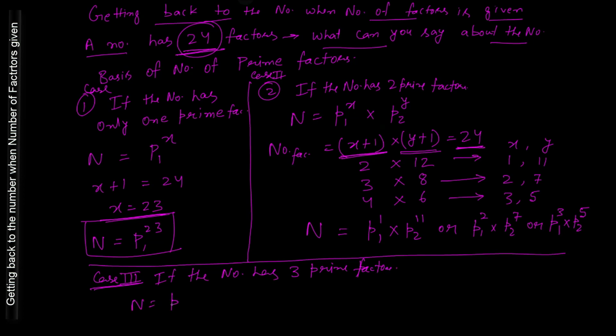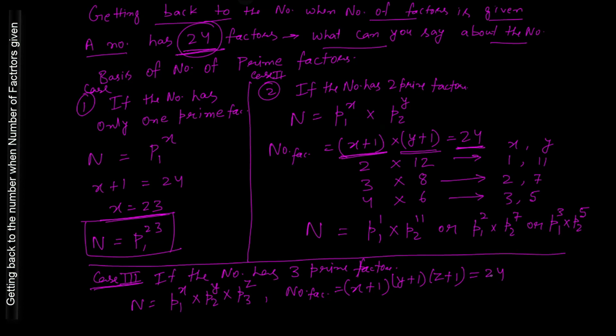N is equal to, let's assume, P1 to the power x into P2 to the power y into P3 to the power z. So the number of factors will be equal to x plus 1 into y plus 1 into z plus 1. Don't worry about the order of it. 2 into 12 or 12 into 2 doesn't matter, because anyways P1 and P2 are unknown. Now this is equal to 24.